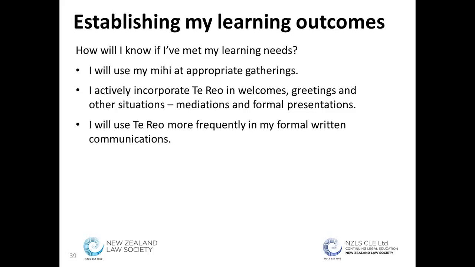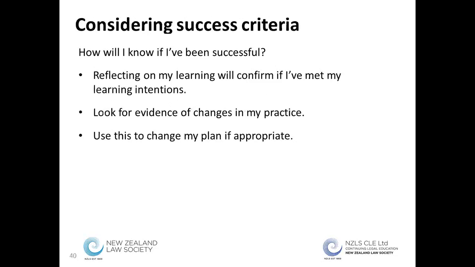So I'm going to need to reflect back and look for opportunities where I can demonstrate my knowledge. Once I have done that, I'll reflect again on my plan, or this will be an ongoing process, of course, and see how well I've done.